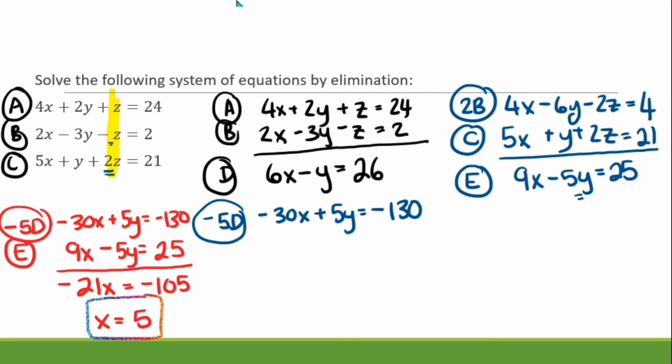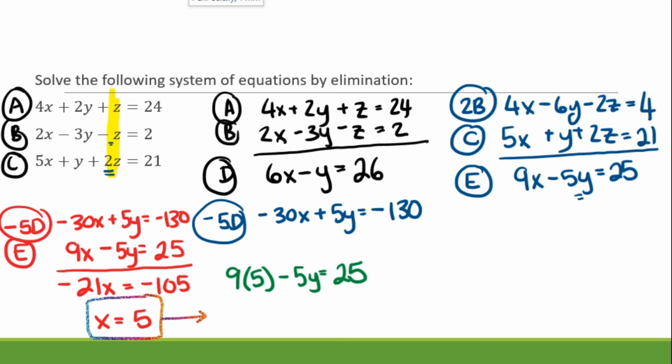So we are going to go back a step. We're either going to put x equals 5 into E, or negative 5D, or even equation D if you want to. I'm just going to use E because it's right above me. 9 times the x we just found minus 5y equals 25.